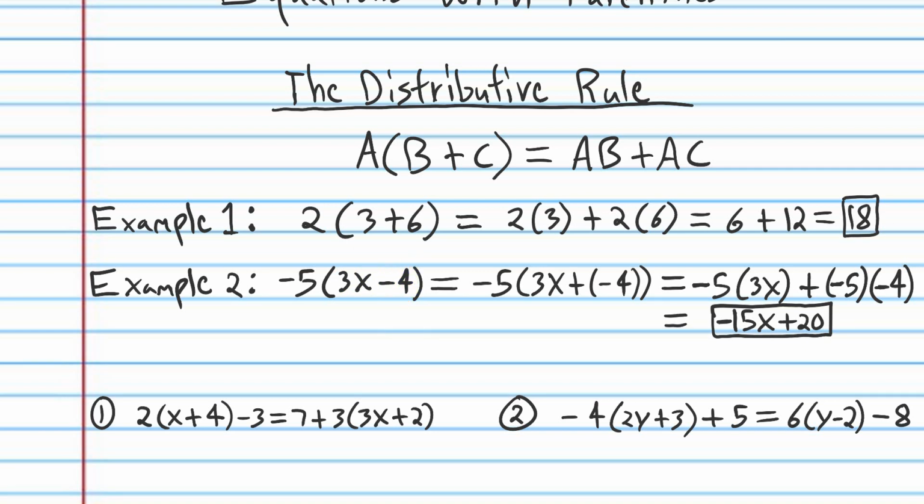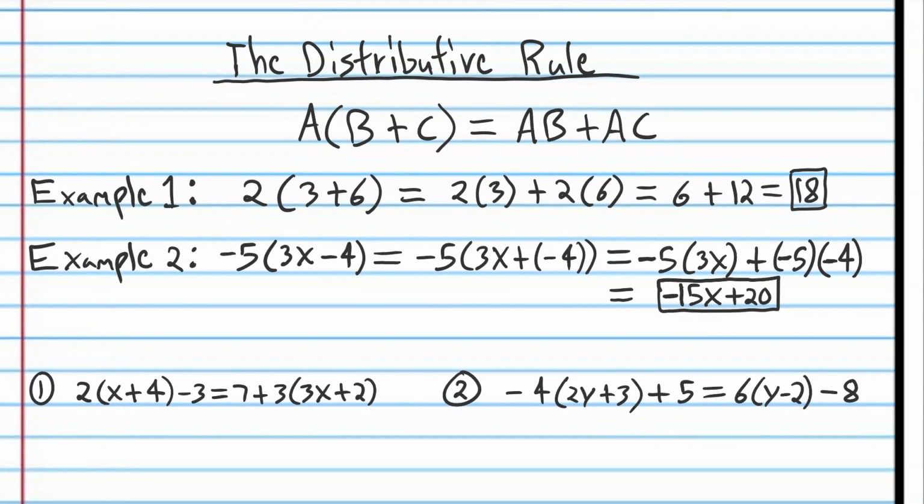So to make this easier, we're going to go ahead and rewrite the 3x minus 4 as 3x plus negative 4. That'll just make it easier to understand, because this distributive rule works with subtraction too, because you can just take the subtraction and turn it into addition, as you see here.